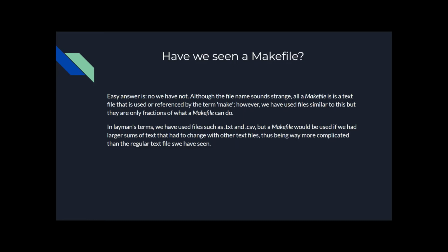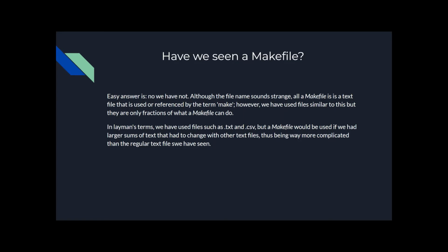So, easy answer, like I just said, we have not necessarily seen a Makefile. Although the file name sounds strange, all it is is a text file that is referenced by the term make. However, we have used similar files to this that are only fractions of what a Makefile can really do.